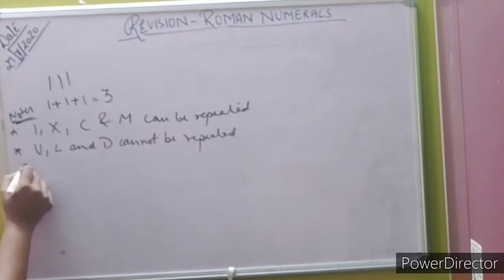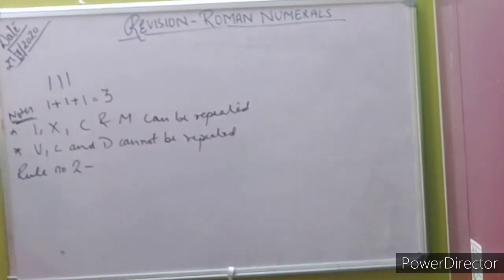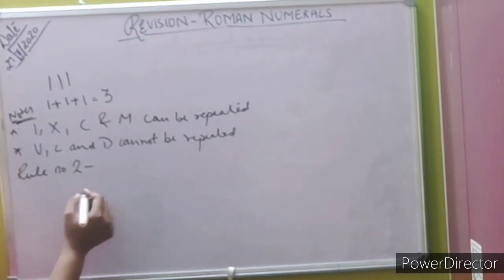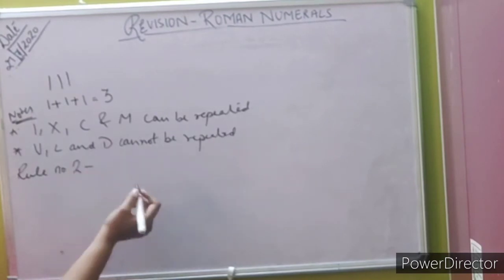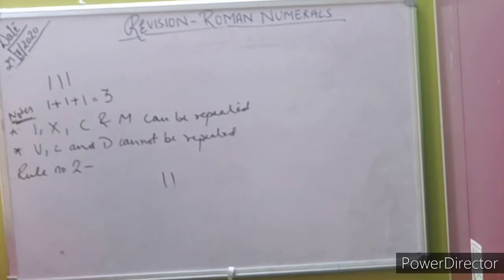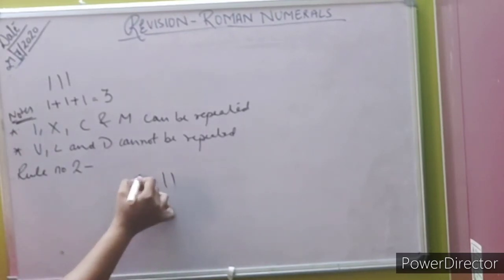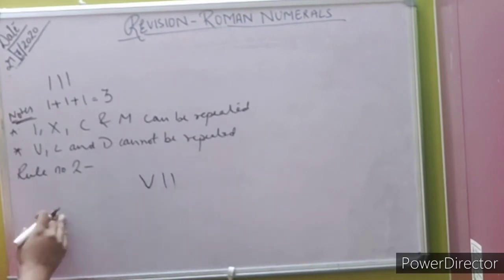Now rule number 2. Rule number 2 is a smaller numeral written to the right of a larger numeral is always added to the larger numeral. Suppose the smaller numeral is written on the right side and the larger numeral on the left side.